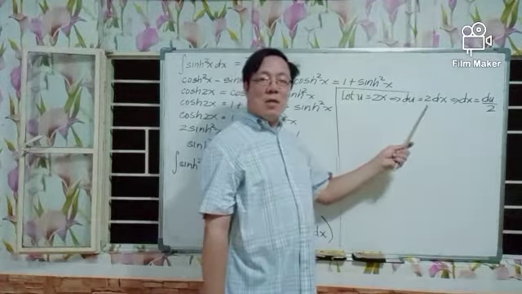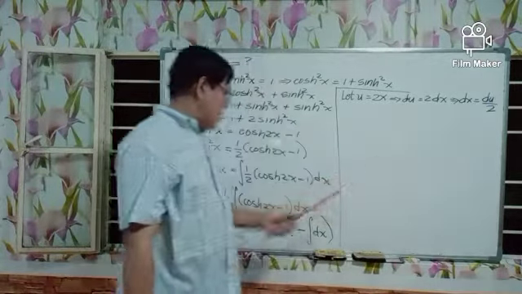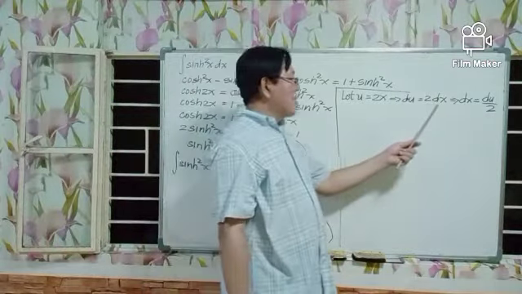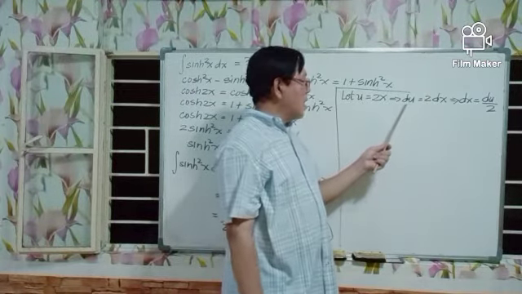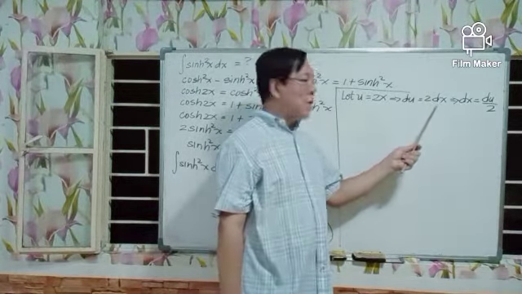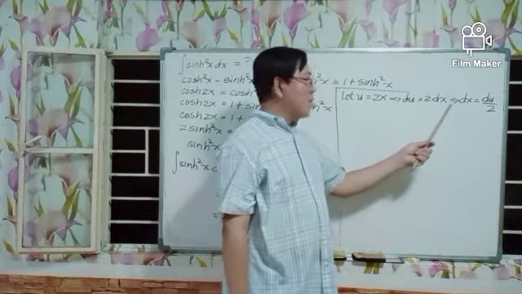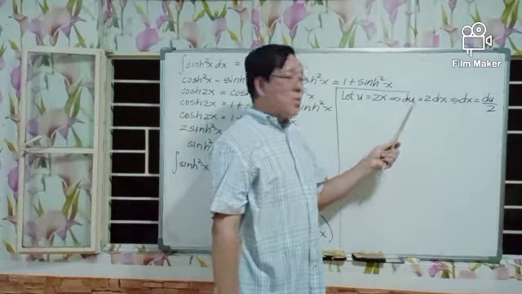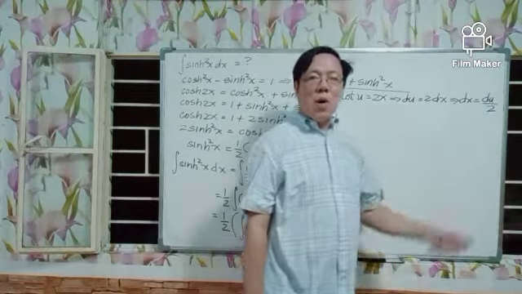Hence du equals 2 dx. In the given integral, we have dx. Hence, we solve for dx from this equation by dividing both sides by 2. 2 dx divided by 2 is dx equals du divided by 2, du over 2.